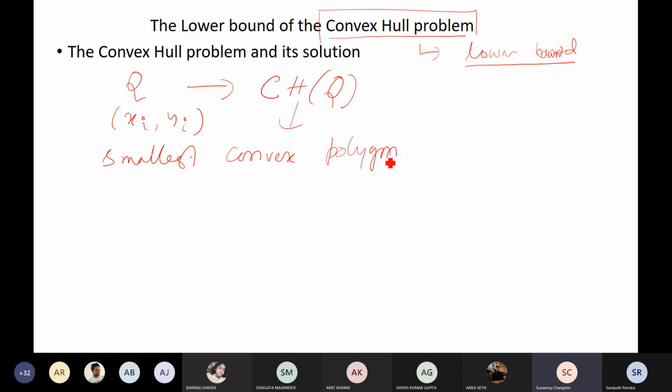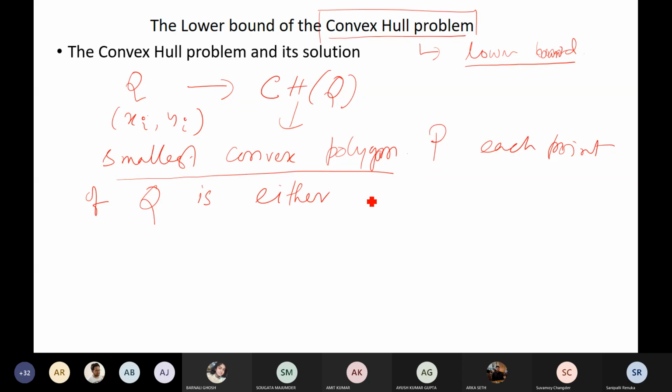Listen to it very carefully. The smallest convex polygon P for which each point of Q is on the boundary of P or inside its interior.